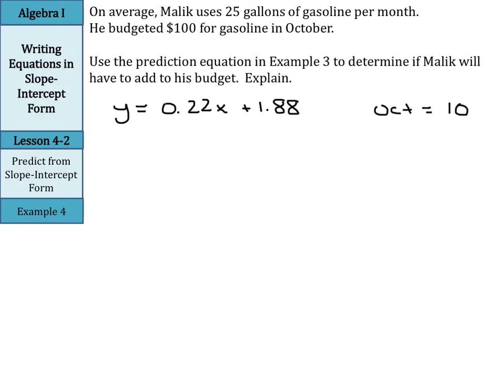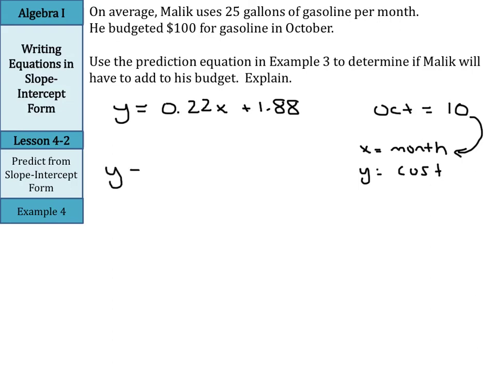So you could do a couple of different things here. One of these is to substitute in 10 to our equation, but remember, what does each variable mean? X's were our months. Y's were our total cost at the end. So when I go to substitute in the 10, it's going to be for the month.